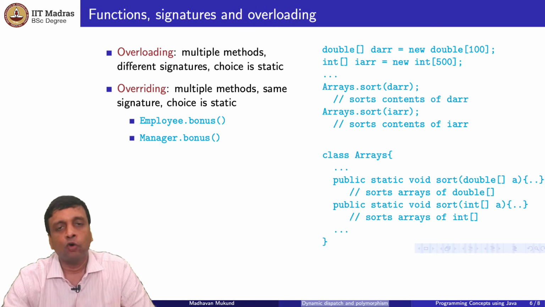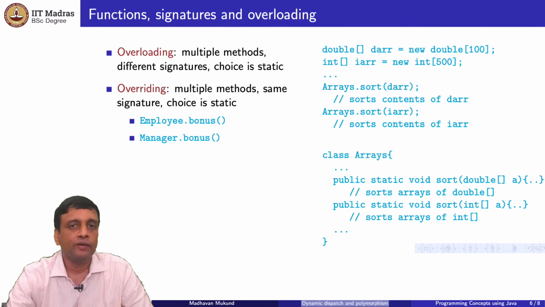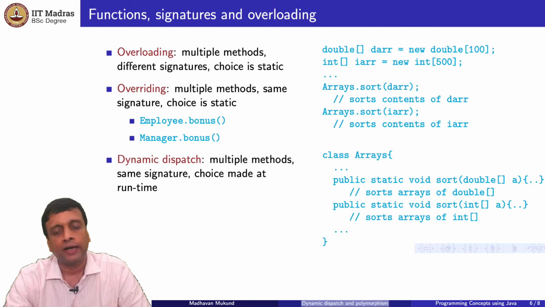On the other hand, when we override a function, as we saw before, then we have different methods with the same signature. If we have an employee and we call it, then it's employee bonus. And if we have a manager and we call it, it's a manager bonus. But the interesting case is when we have an employee variable pointing to a manager object.